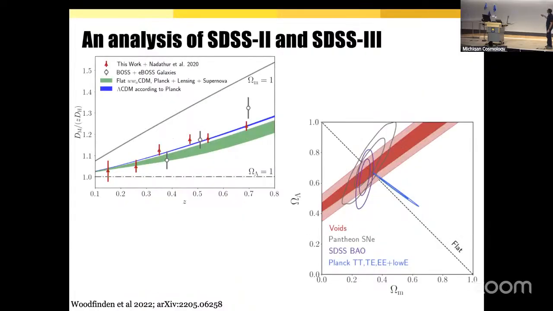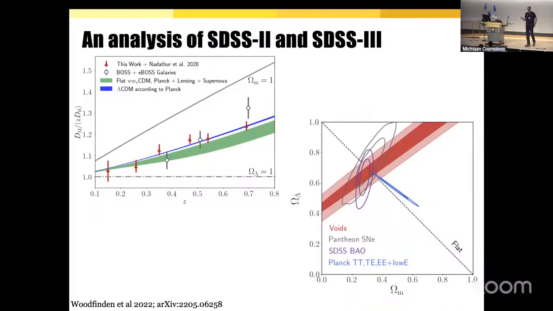But what's really interesting is that the Alcock-Paczynski effect is actually stronger from the voids. The measurement is stronger than from the baryon oscillations. So there's a good reason that if we can figure out all of these nuances and get the systematics to a level where we're happy, then for the Alcock-Paczynski part of the cosmological measurements, voids can do better than BAO.